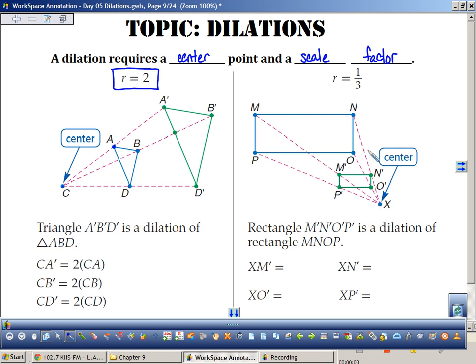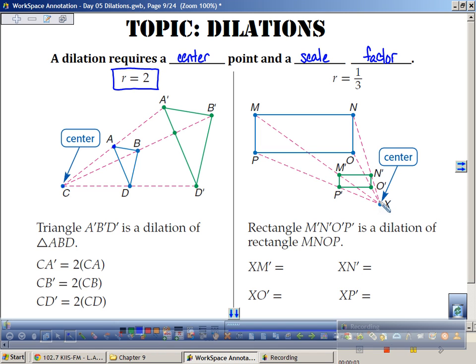Now over here, our center is here that we're concentrating on. And our preimage is MNOP up here. What's happening here? It's getting smaller. By what factor? It's 1/3 as large as this one. So the distance from here to here is going to be 3 times larger than the distance from here to here, right?